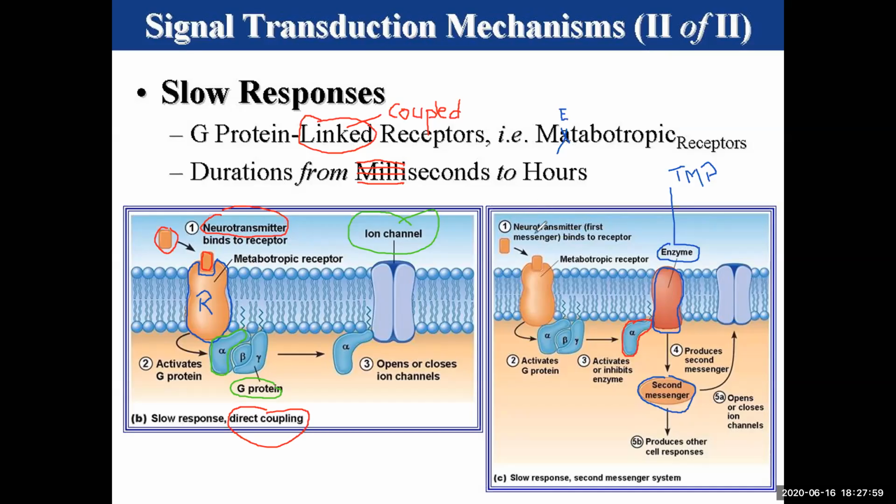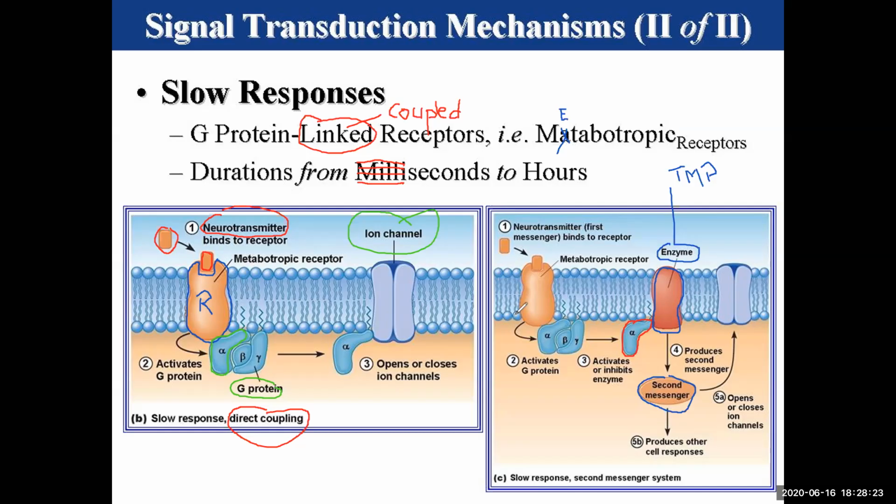The neurotransmitter, in this case, when it has a receptor on the cell membrane like this, it means one thing. That neurotransmitter was never allowed to cross the cell membrane. So that neurotransmitter must be water soluble. It's not compatible with the phospholipid bilayer.